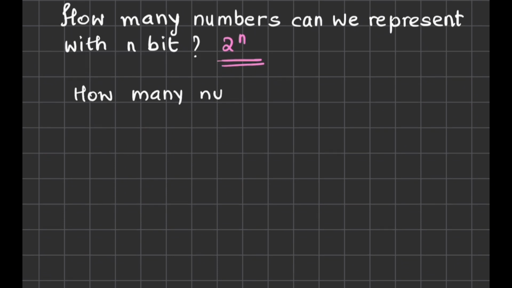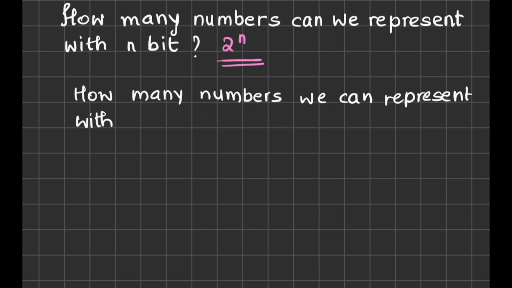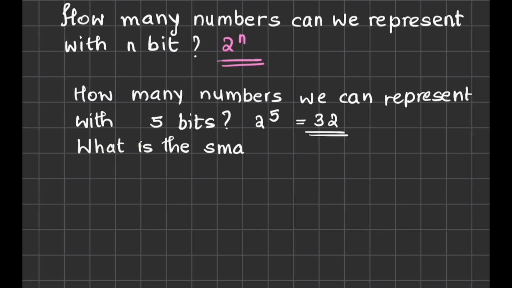Here is another question based on the previous equation. How many numbers can we represent with 5 bits? The equation would be 2 raised to n, so it's going to be 2 raised to 5, which is 32. So 32 numbers. What is the smallest binary number that we can represent with 5 bits?